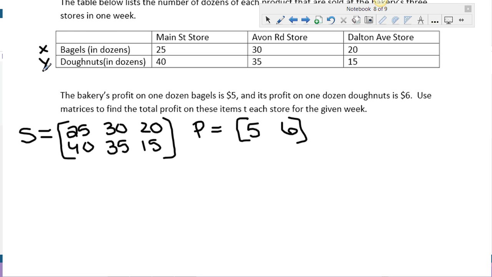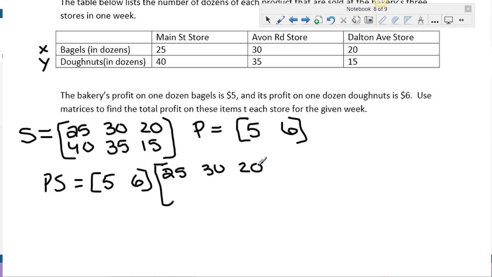So we're actually finding P times S. You've got our profit, 5, 6, and you've got our sales, 25, 30, 20, 40, 35, 15. We're going to multiply those, and since this is a 1 by 2 and a 2 by 3, we're going to have a 1 by 3.